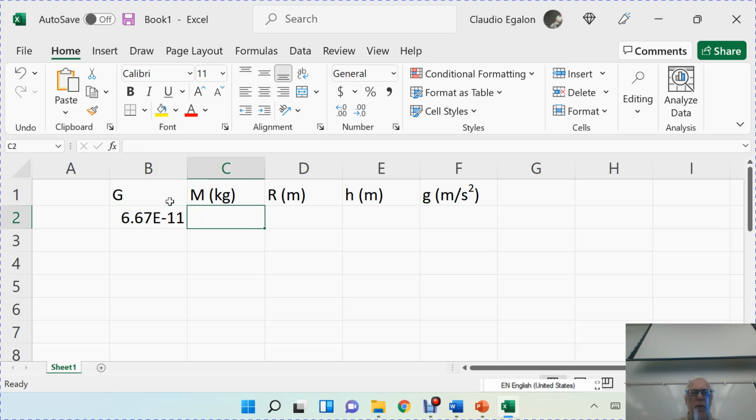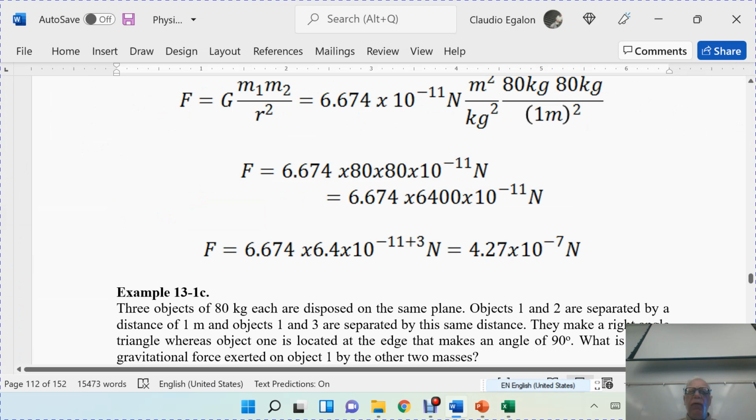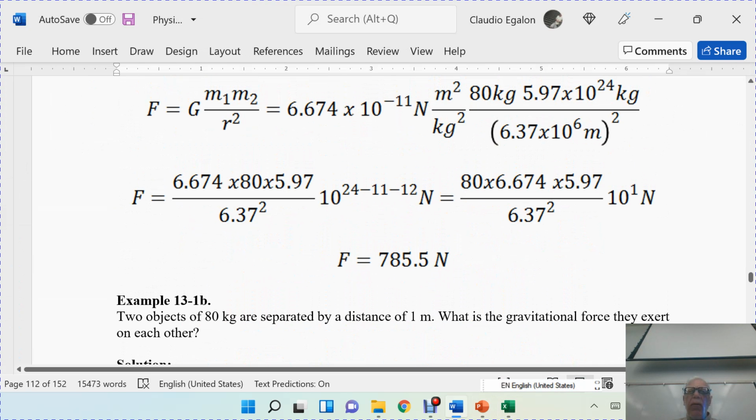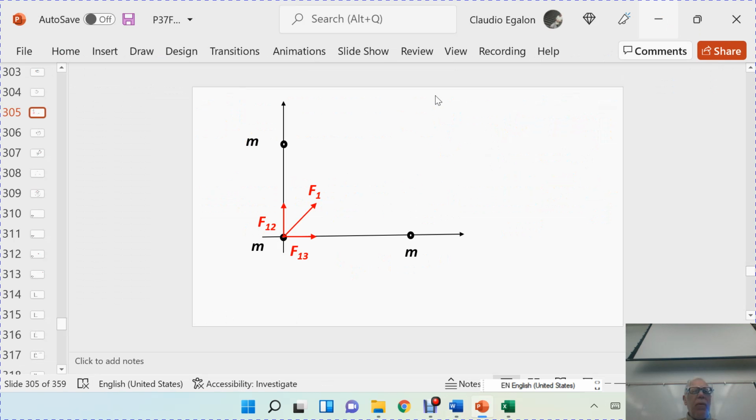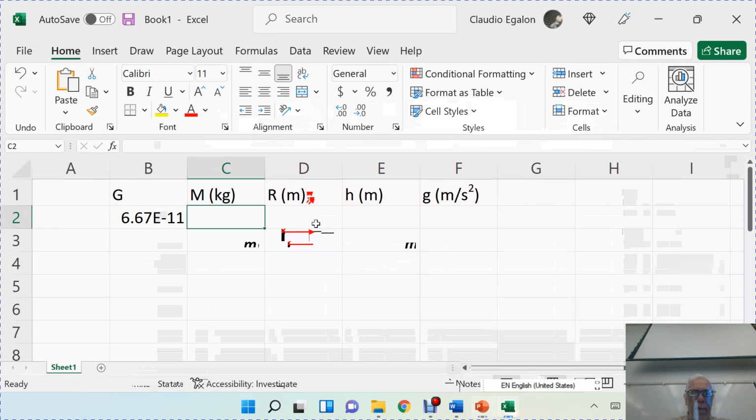The mass of the Earth is what? The mass of Earth is almost 6, 5.97. I'm going to put 6 times 10 to the 24 kilograms.